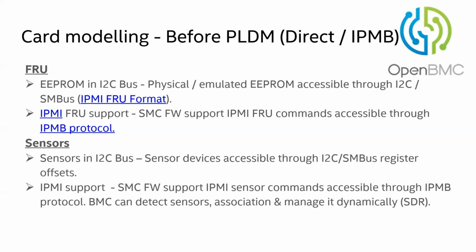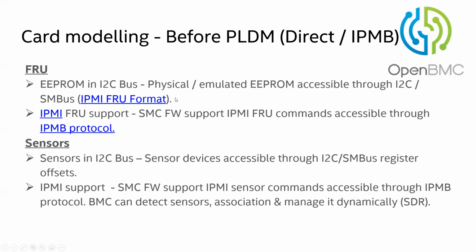So earlier to PLDM, there are two kinds of representation even for FRU. So for example, in an add-on card, we can have a physical serial EEPROM on our I2C bus, so that the BMC can directly read the EEPROM using a regular I2C or SM bus command, right? And this will follow the standard IPMI FRU format.